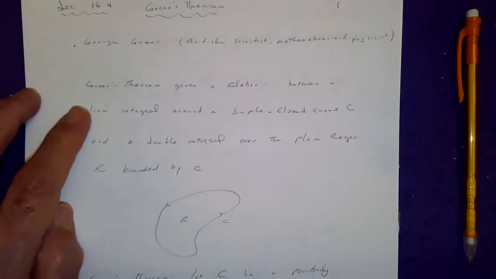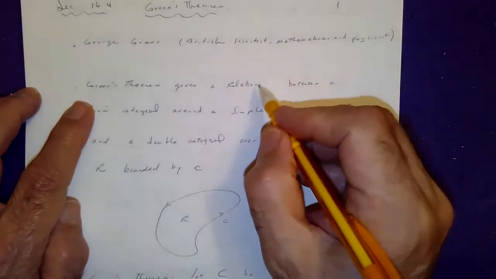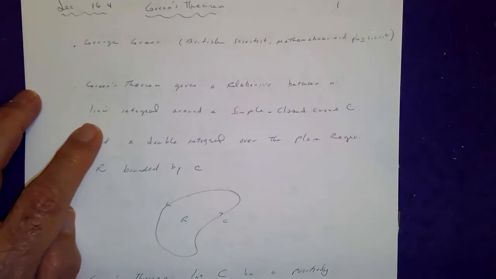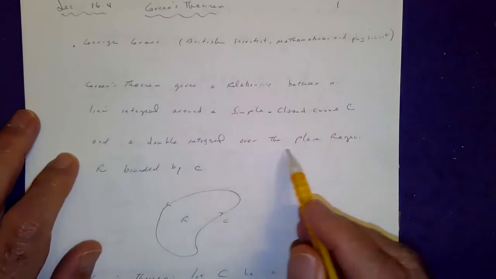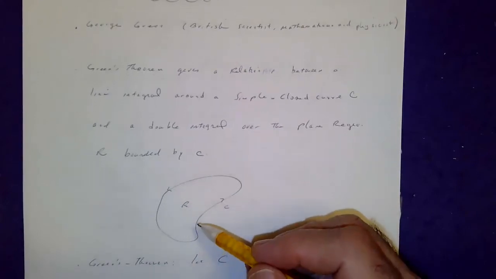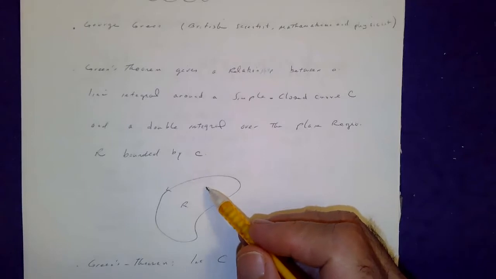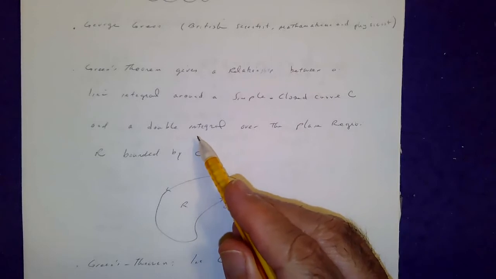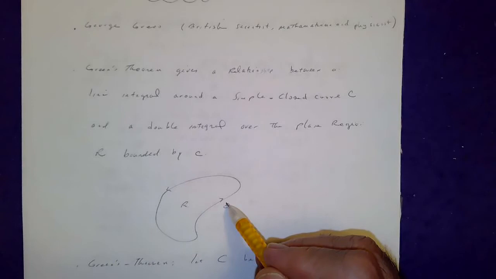Basically, what he came up with was a relationship between a line integral around the simple closed curve C and a double integral over the plane region R. In other words, a relationship between the line integral around the simple closed curve to a double integral over the region, not the curve anymore.